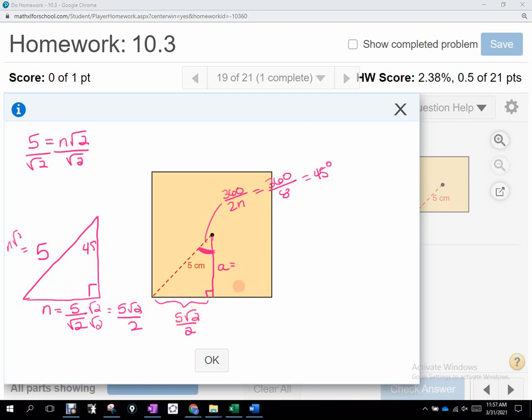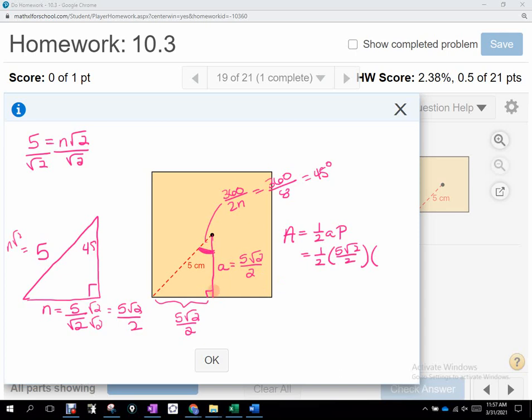Is that what this side is as well? 45, 45, 90 triangle is isosceles, so those two distances have to be the same. So when I try to find the area, it's 1/2 AP, so 1/2 the apothem, 5 radical 2 over 2, times the perimeter.